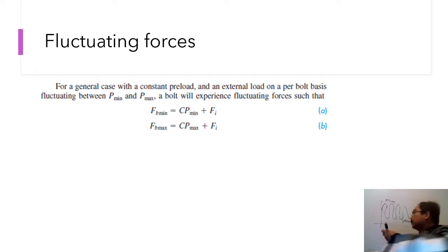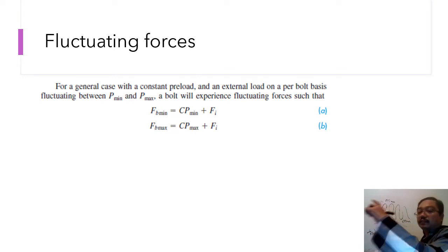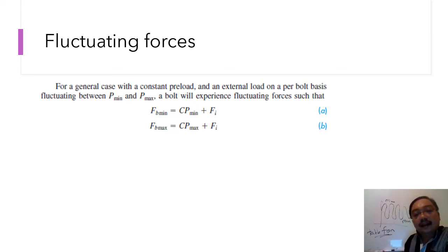When the table fan runs, the force fluctuates every time, and the bolts connected to it, the force fluctuates, coming front back, front back, up down, up down, all the time. Okay, that is called the fluctuating force, meaning that it will endure minimum force and maximum force repeatedly all the time.